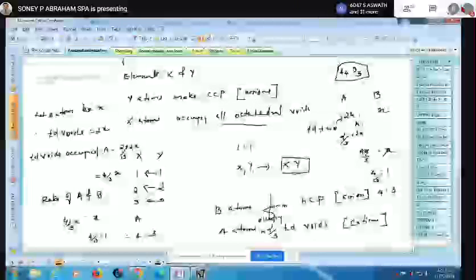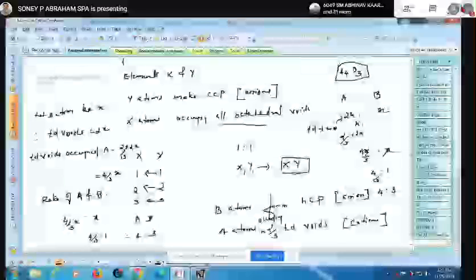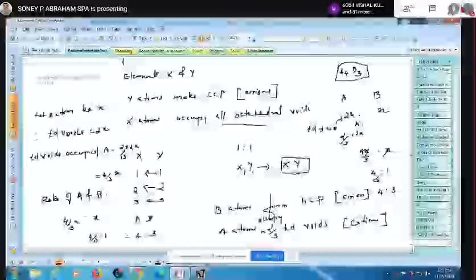That means A is 4, B is 3. So the formula of the compound will be A4B3. Any doubt?